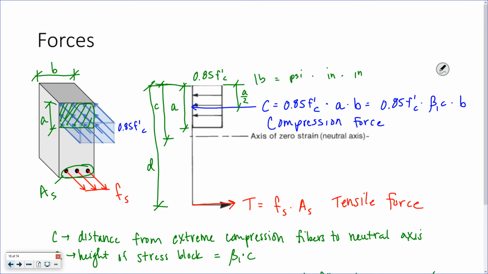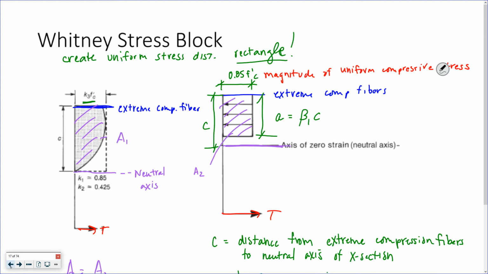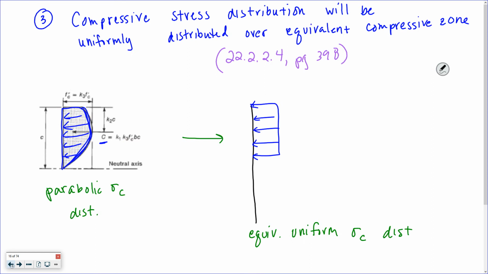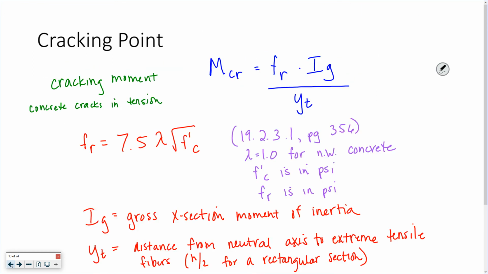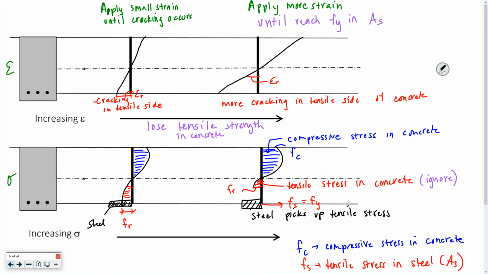If we go back to, like that, see up here, our strain is always linear. Our stress might not be linear down at the bottom, but our strain is always linear.